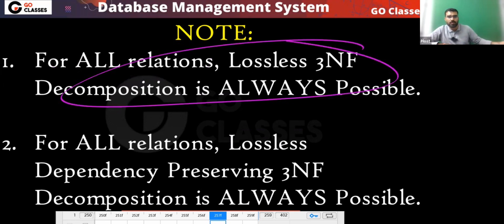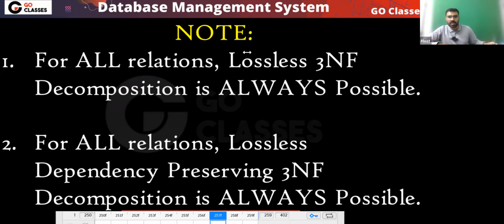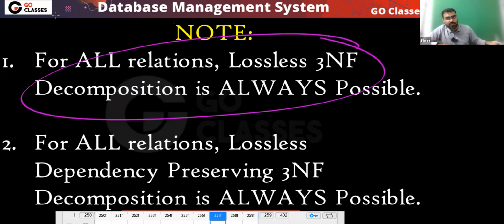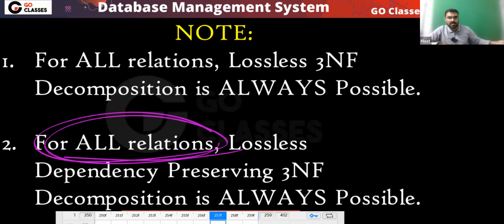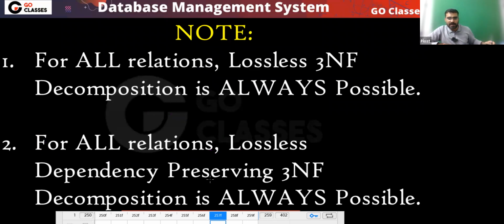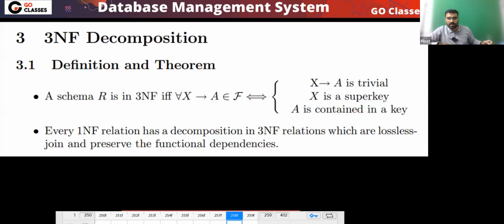Who can give you this lossless 3NF? You don't even need the synthesis algorithm; the BCNF algorithm can also give you lossless 3NF. And for all relations, lossless dependency preserving 3NF is always possible.